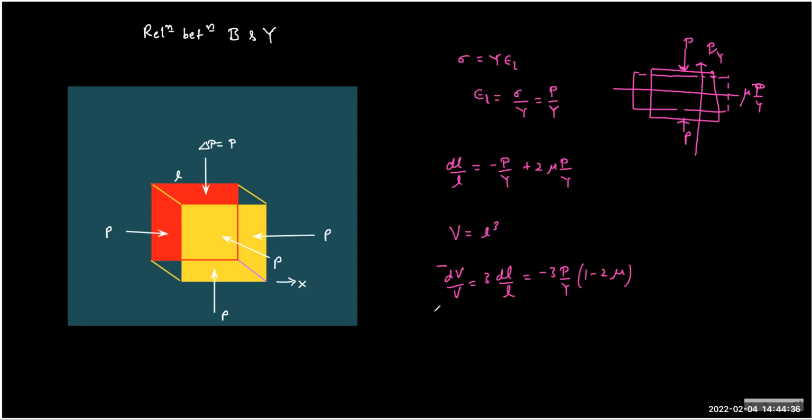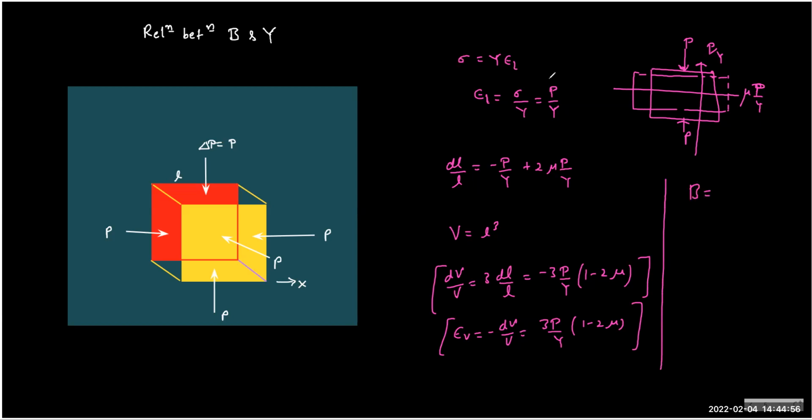You can see the volumetric strain, we have this relation. So how do we define the volumetric strain? Minus dV by V, which is equal to 3 P by Y into 1 minus 2 mu. So what is the definition of bulk modulus? Bulk modulus is defined as excess pressure upon volumetric strain, correct? And if you do so, what will you get as the answer?